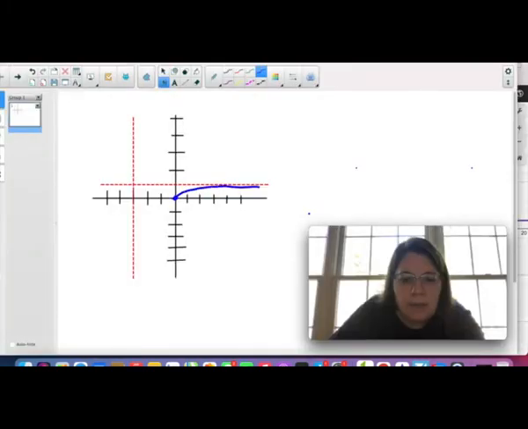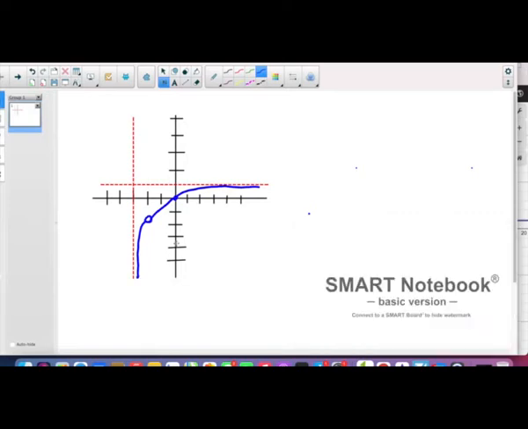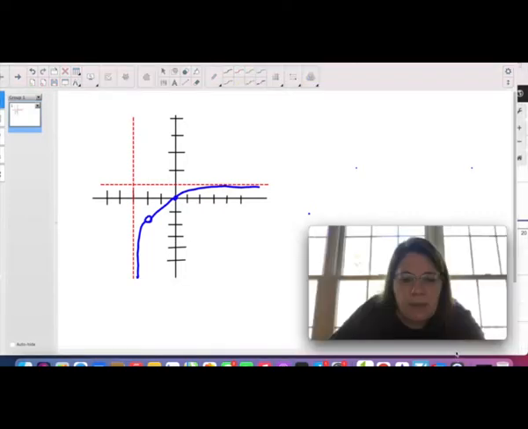I go through my intercept. I continue down. Right here at x equals -2, I know that I have a hole. So I'm going to draw the hole in there, and then I'm going to continue my line so that it approaches my vertical asymptote x equals -3. So that's a good estimate for what the bottom portion of the graph would look like.